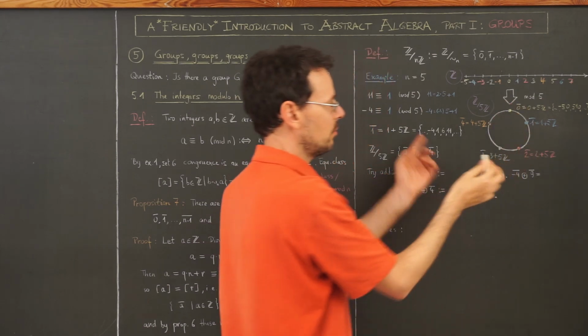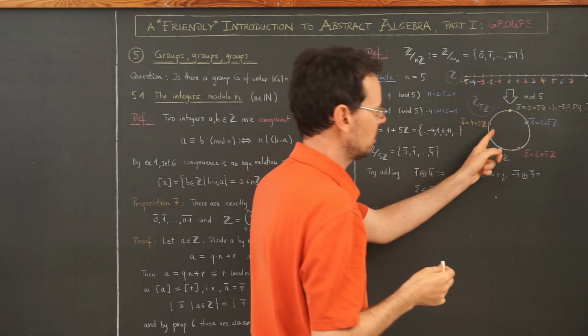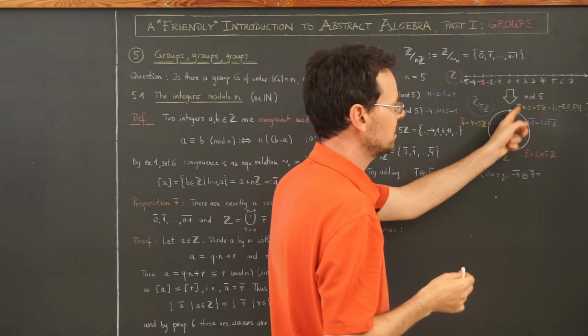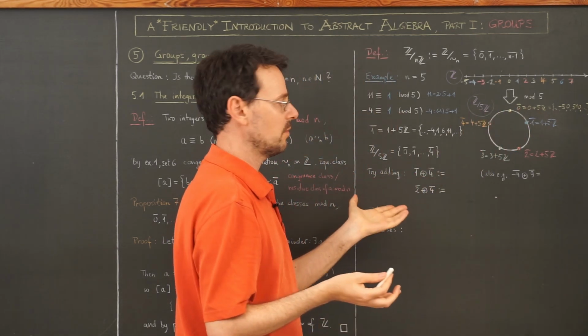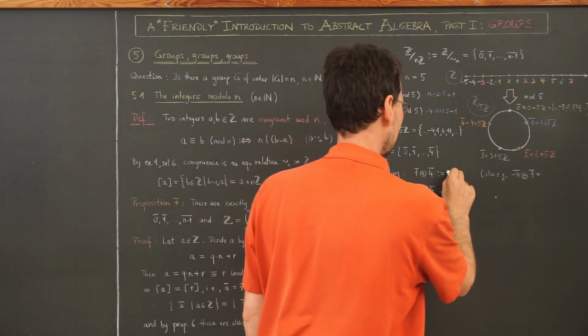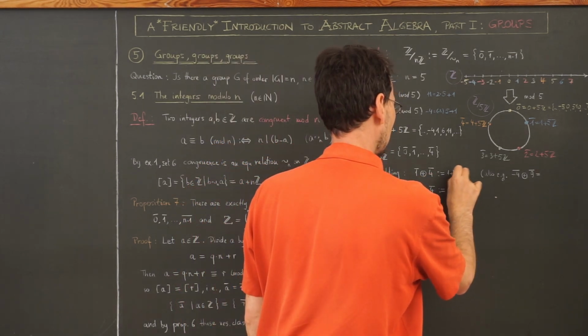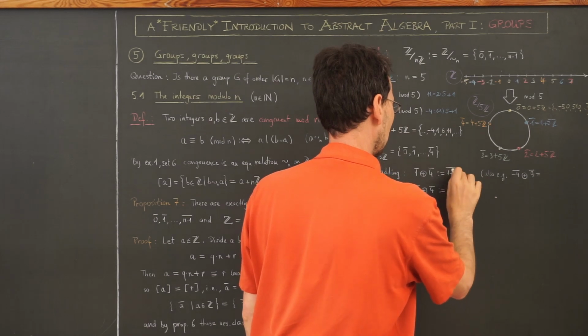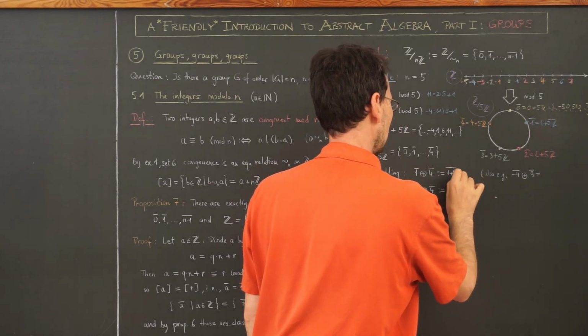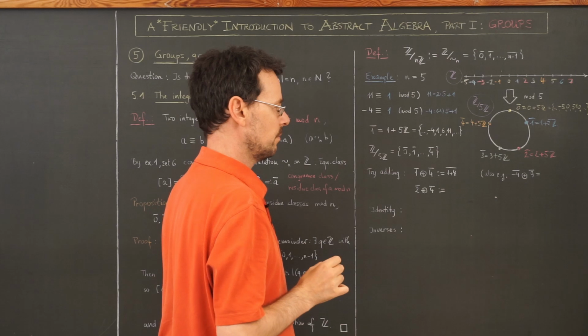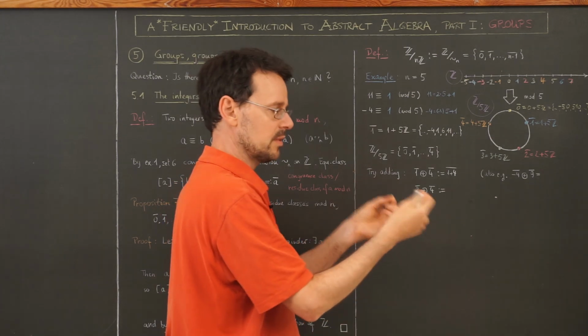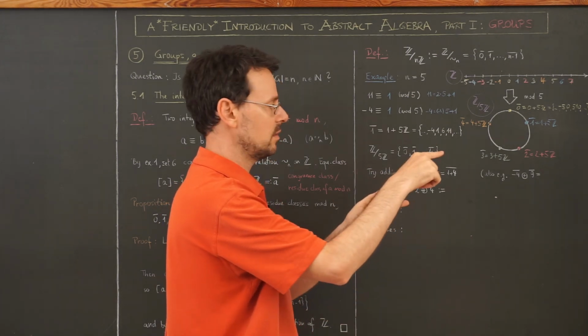Naively, I would end up with 5, so I go 1 further, and 5 is exactly the same as 0 mod 5. So let's try. Taking 1 plus 4, taking the numbers, adding them, and then taking the residue class.